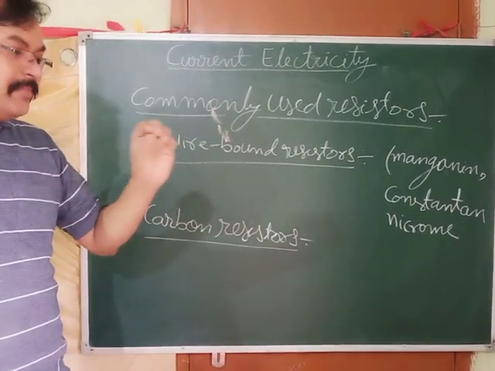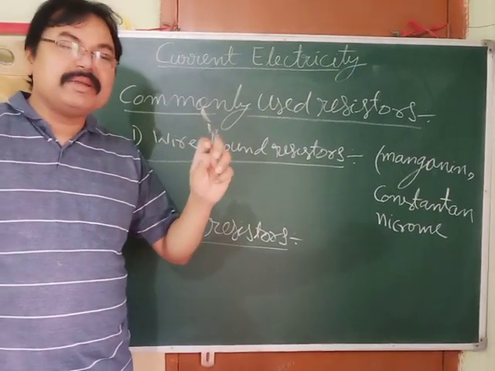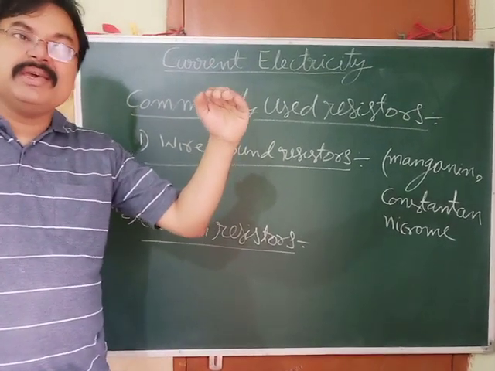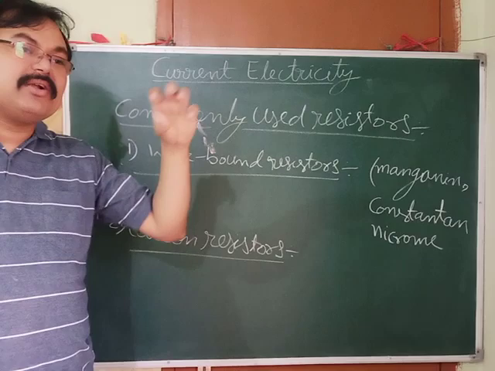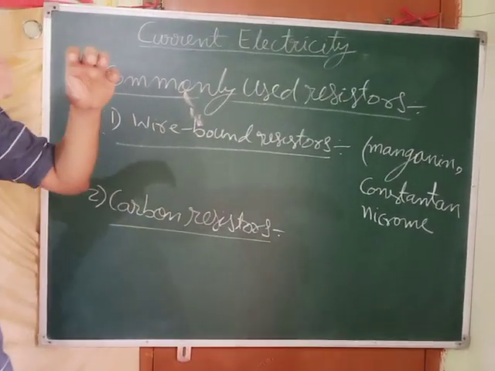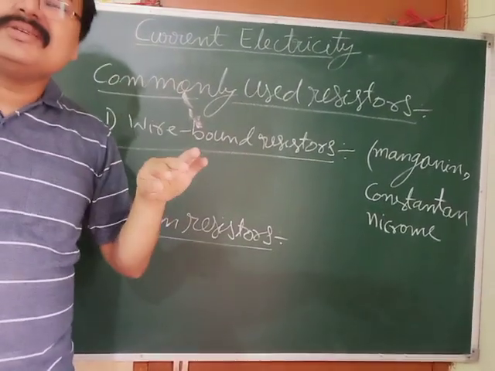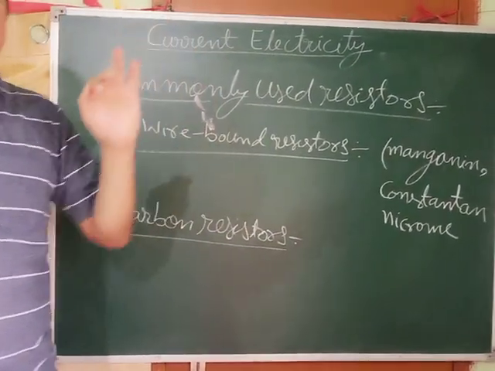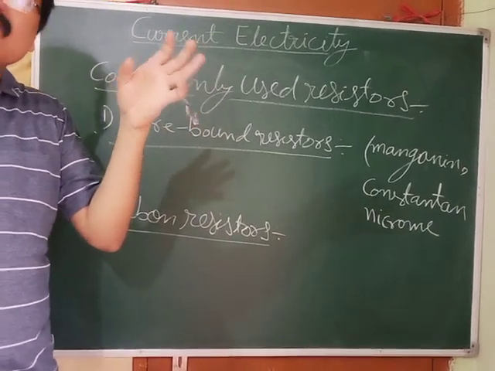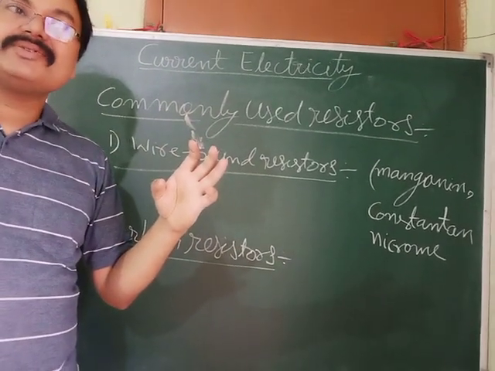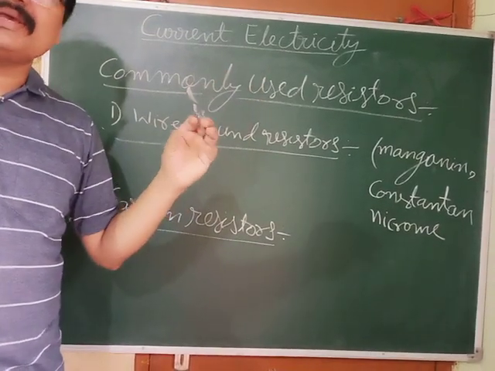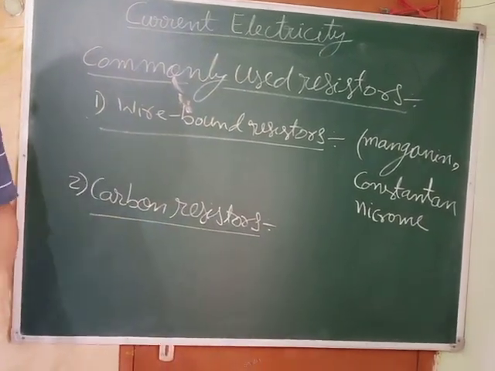If we are using simple resistance made up of simple conductors, its resistance will increase with the heating. Then the current flowing through it will get reduced, and the heat produced in that filament will also become less. So the bulb will switch off, then again switch on, and that will continue. But we don't want that.